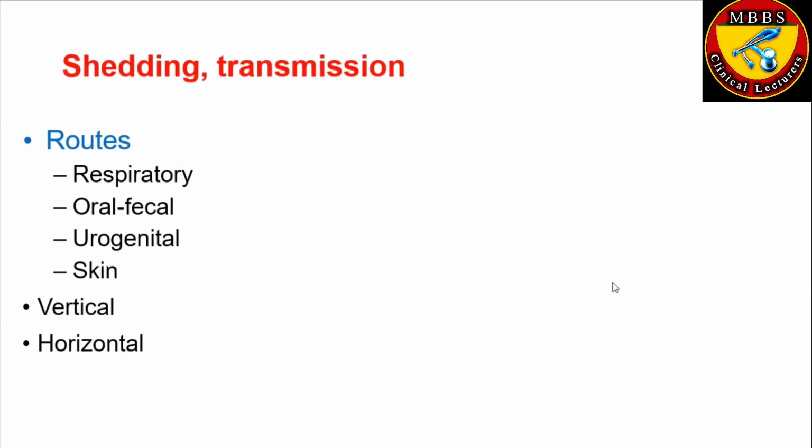Then comes the shedding and transmission. Again, the route of transmission can be the respiratory system, the oral-fecal route, the urogenital route, through the skin, or from the mother to the offspring, which is called vertical transmission. Person to person is horizontal, not vertical.